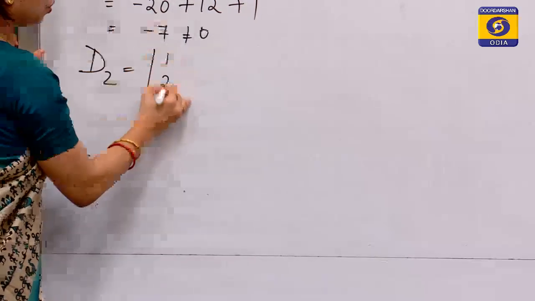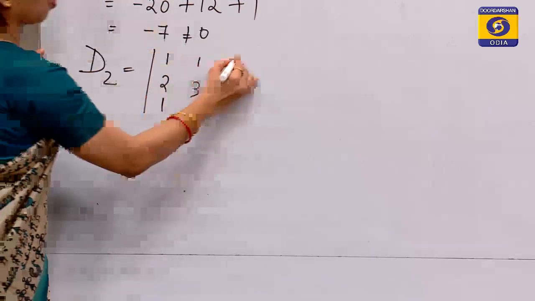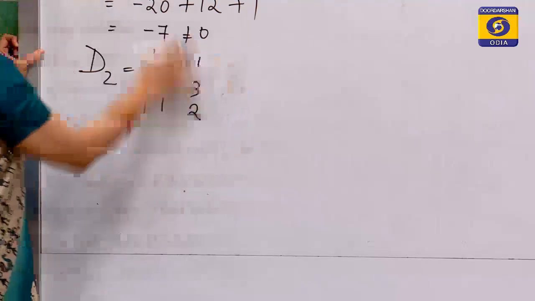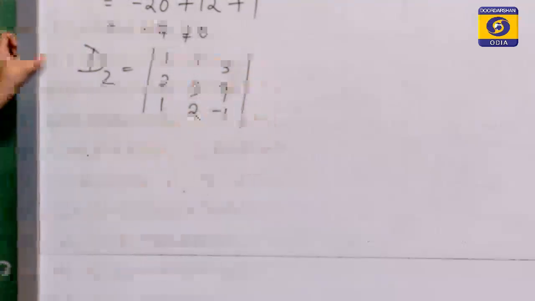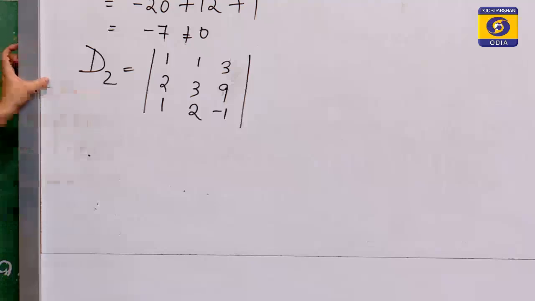So, 1, 2 and 1, 1, 3 and 2, and 1, 4, which we have to substitute with known values. So, known values means 3, 9 and minus 1. Again we have to find out the value of the determinant dz by expanding it along row 1.